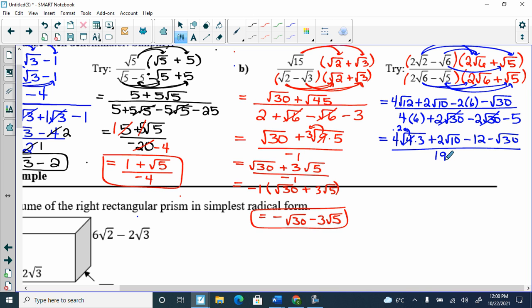None of them are like radicands, right? So they're not like radicands. Can I put them together? No, it's just going to have 4 terms, and it's nothing pretty, and that's completely fine. So you get 8 root 3 plus 2 root 10 minus 12 minus root 30 over 19. Box it.